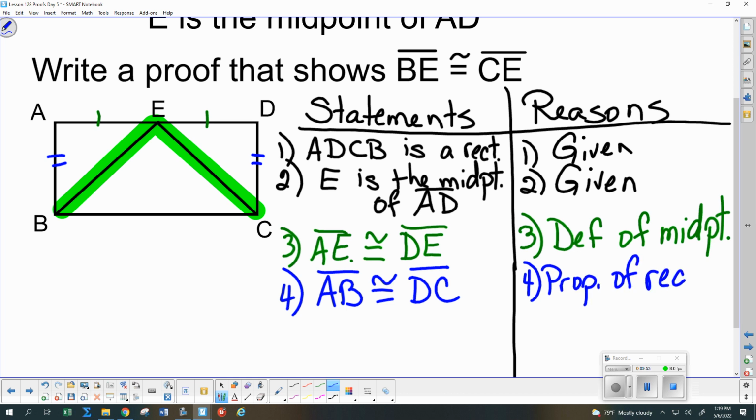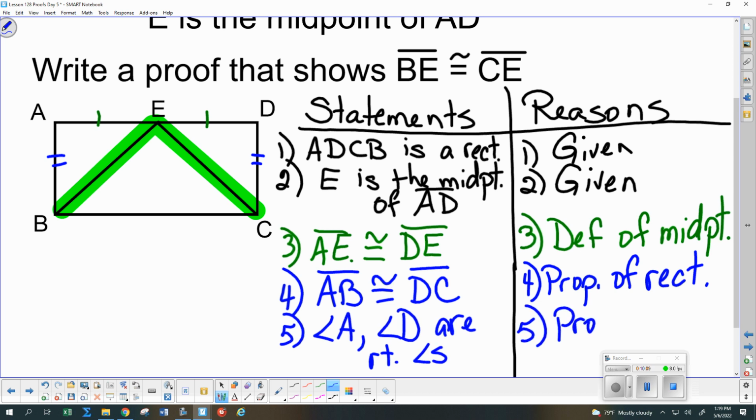So you see why we wanted to review those. You guys also said angle A, angle D are right angles, and that was a property of a rectangle also.